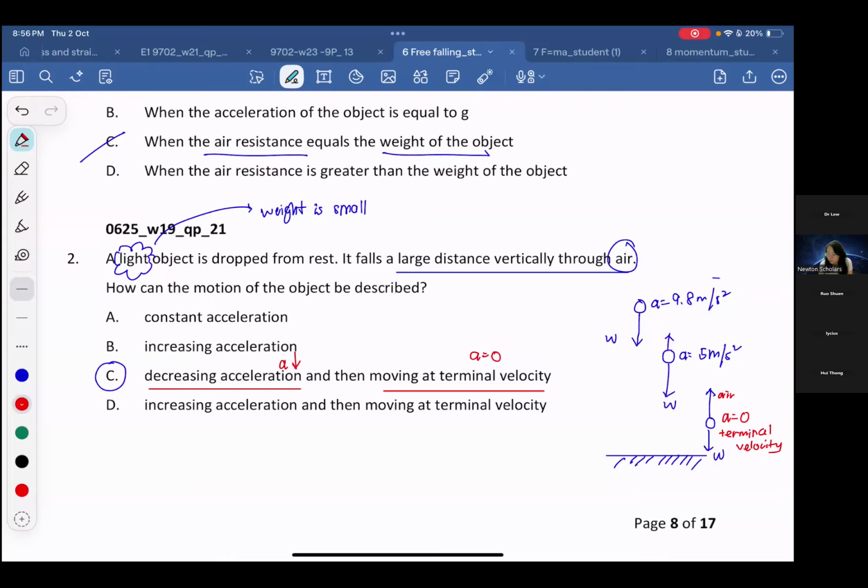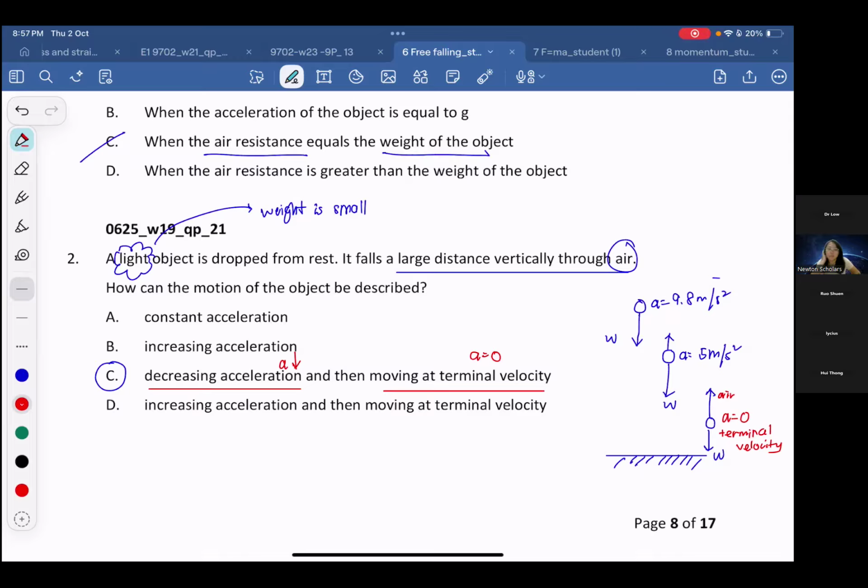Okay, we go to page number 9. Do you need to draw or mark down anything? Here they're mentioning light because if your object is light, that means your weight is small. If the weight is small, it will be very easy to achieve terminal velocity. It's because the weight is small, so small air resistance is needed to balance it.